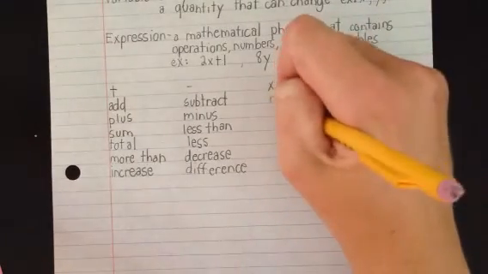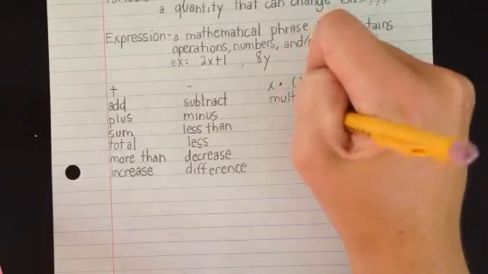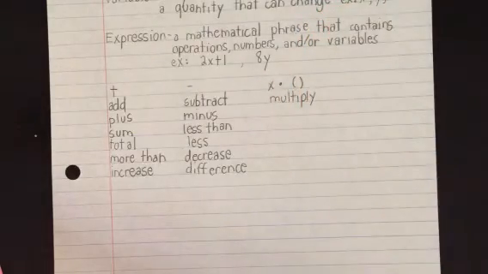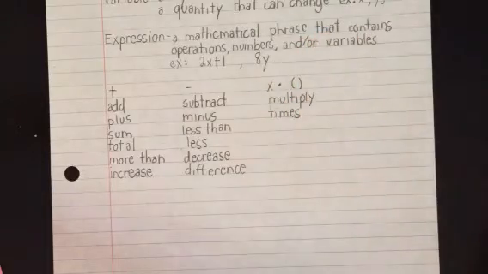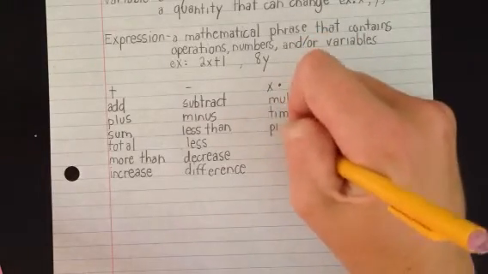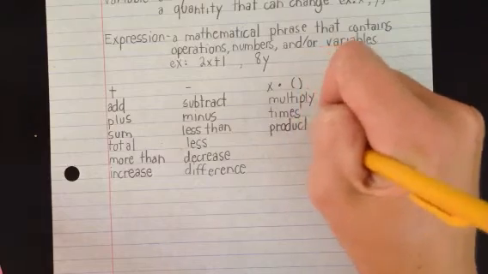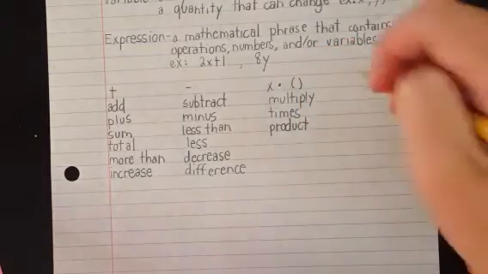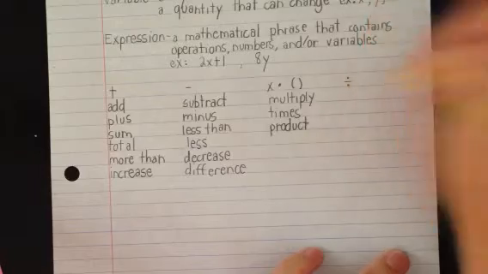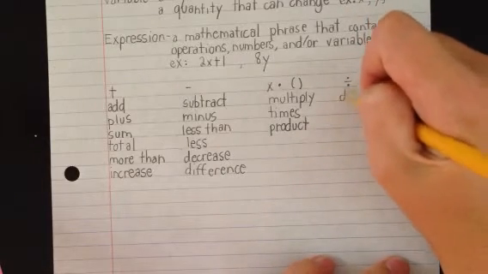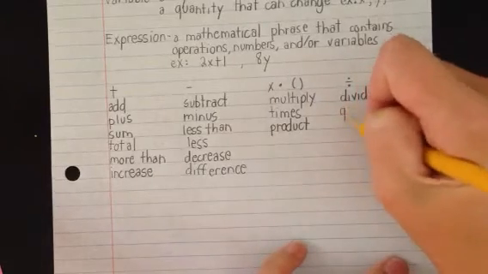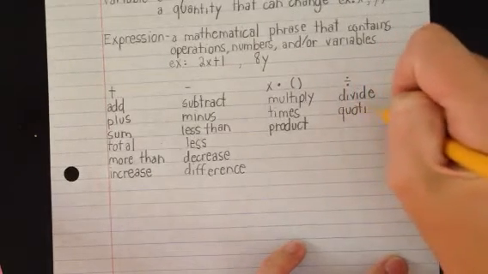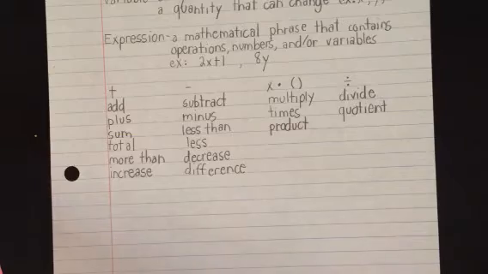The most common words are multiply, times, and product. And last but not least, we have division. The two most common words are divide and quotient when dealing with division.